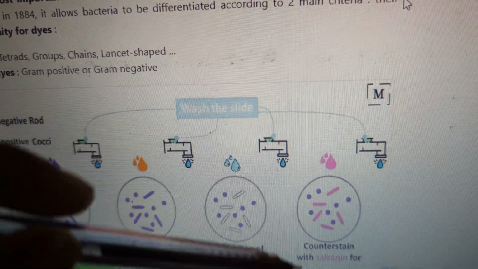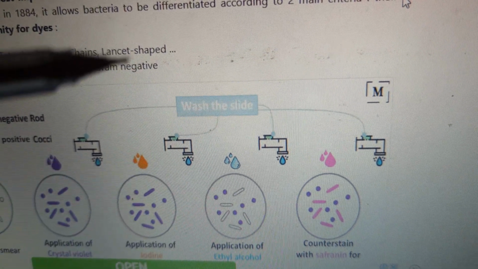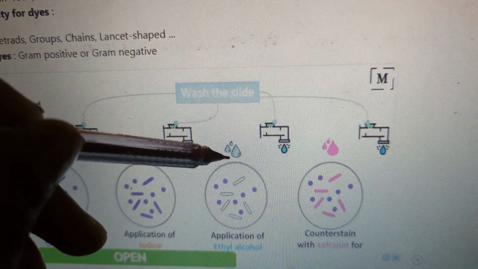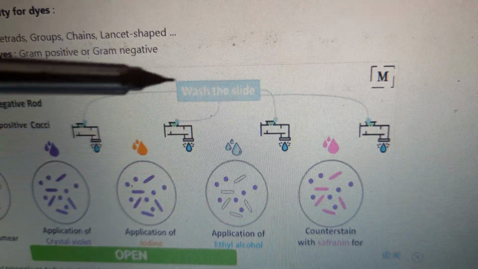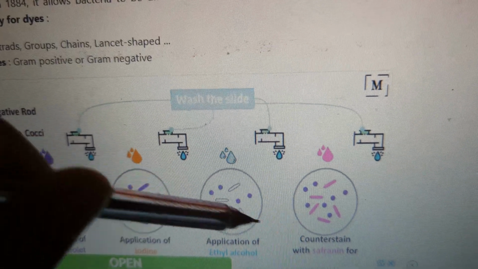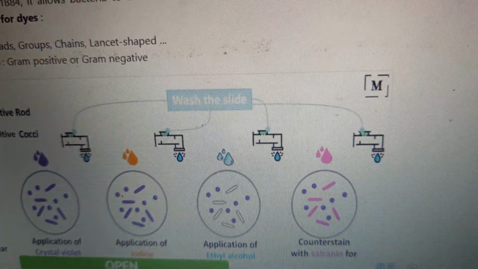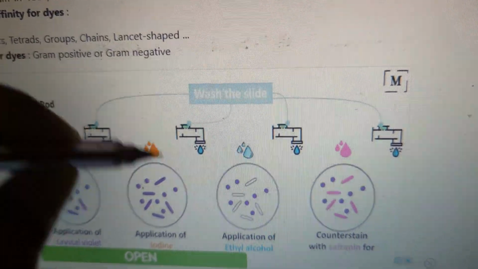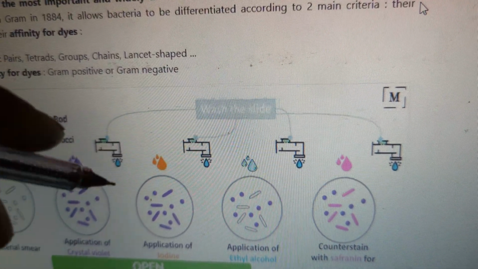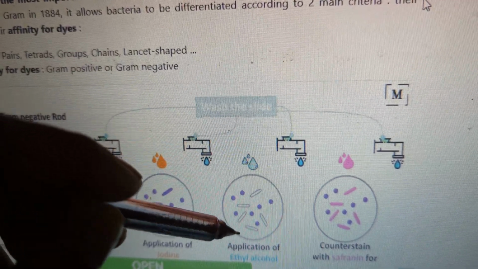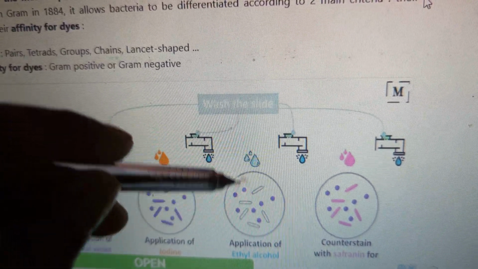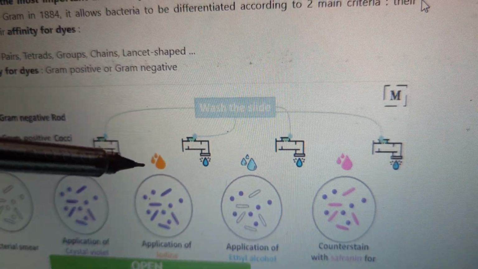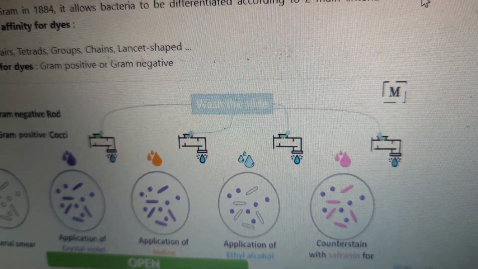So that's why we have the counter stain of safranin to apply. Regardless of what it is in the smear, I was just assuming, for example, that I had gram negative bacteria in the slide where I only had colorless, and then I would apply my counter stain to give color to my gram negative, right?